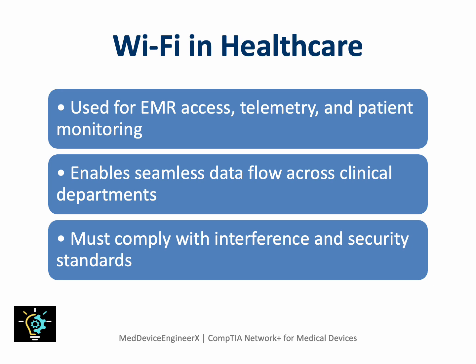WPA3 encryption and access control lists are standard, and biomedical engineers must validate Wi-Fi compatibility before deploying medical systems. For example, a patient monitor might need a dedicated SSID to ensure consistent data transfer. Ultimately, Wi-Fi brings flexibility, but its reliability depends on proper configuration, signal mapping, and regular testing.